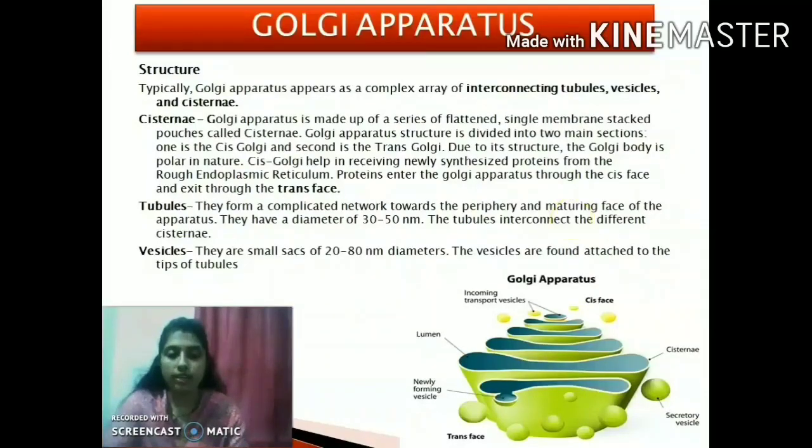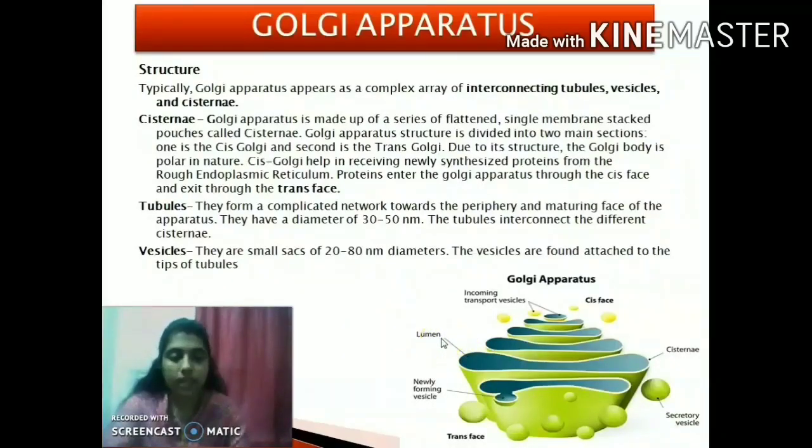So here in the diagram you can see that some flat structures are present, right, parallel to each other. So these are nothing but the cisternae, and the space within each of the cisternae, shown here in blue, is also termed the lumen.